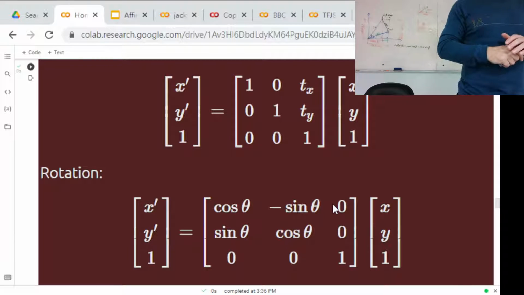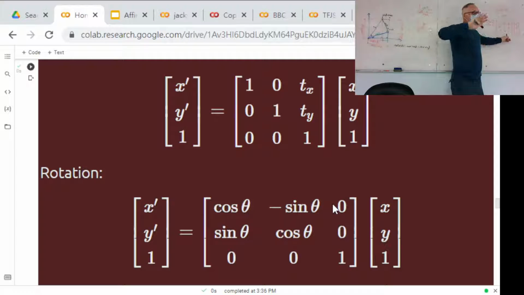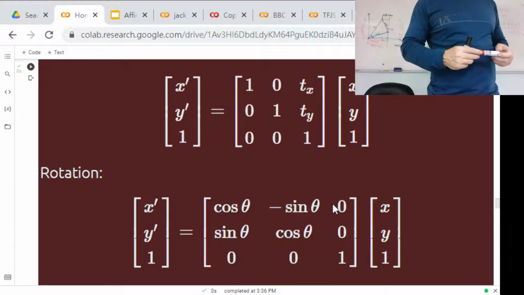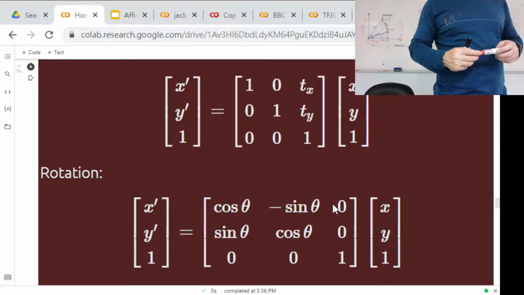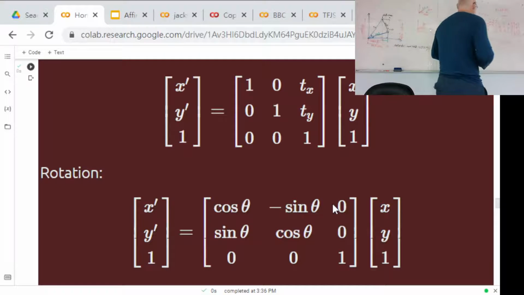However, it's important to realize when we do these transformations and calculate compound transformations, the one on the furthest right is the first one that we did. Right? This is the second, this is the third, this is the fourth. So don't get confused by the order of things.